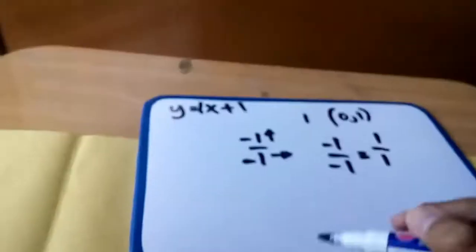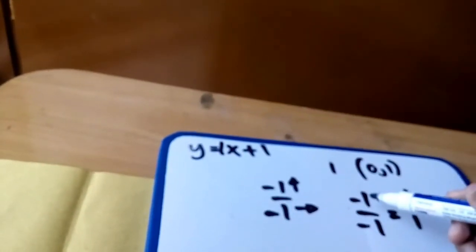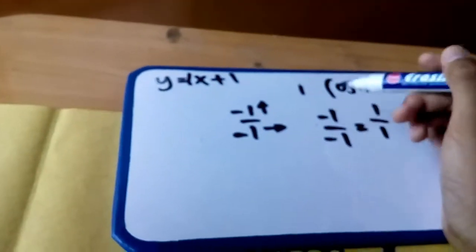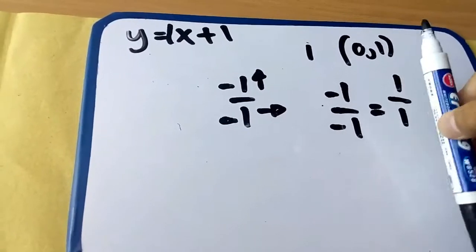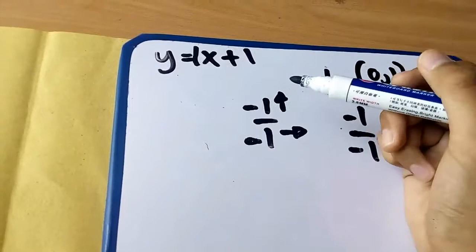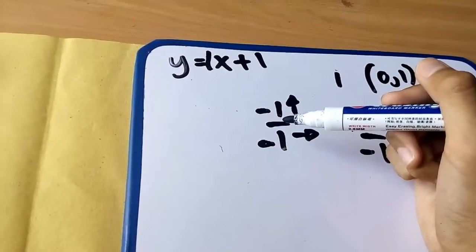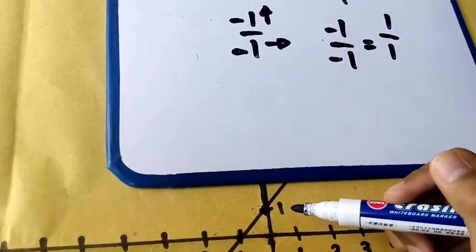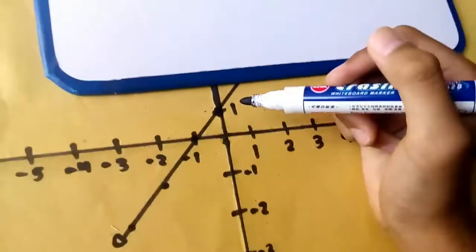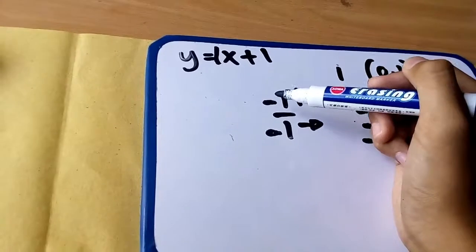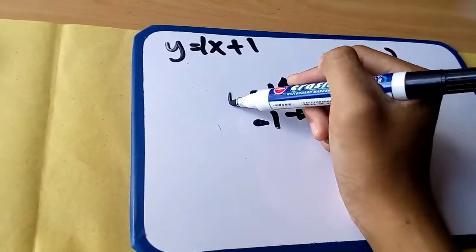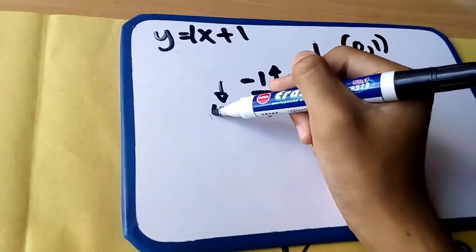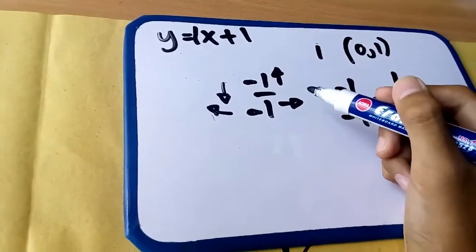So, since both of these are negative, okay, now we can graph it. Since both of these are negative, we have to go down by 1 one time. Then go to the left, because we have to run once.